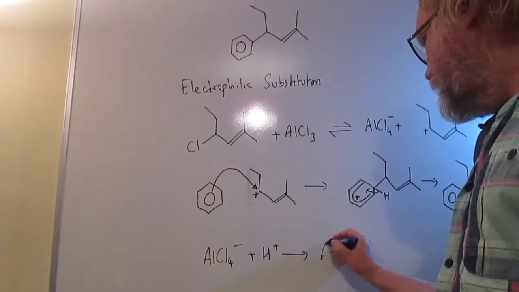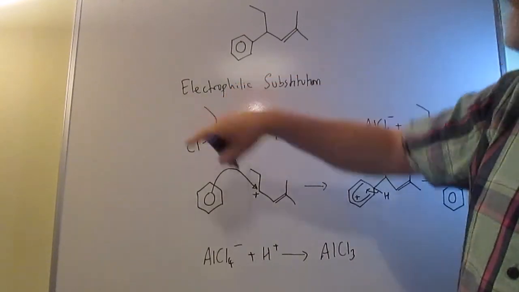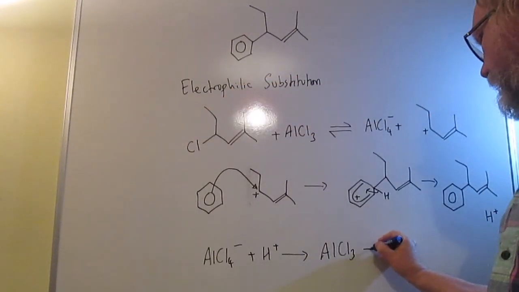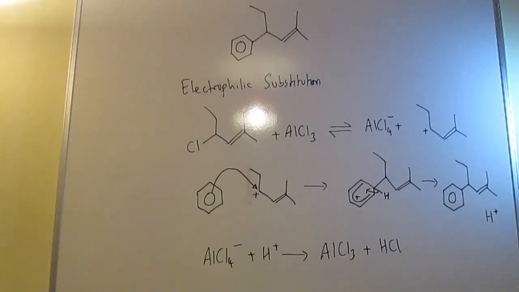We'll regenerate our catalyst, so we get AlCl3 back, ready to go again and process the next molecule, and we get HCl, which is our other product, and that's the complete mechanism. So you have to make sure you can do those for this one, and for nitration, and for halogenation, but they're all very similar, so once you've understood what's going on, it's not difficult.